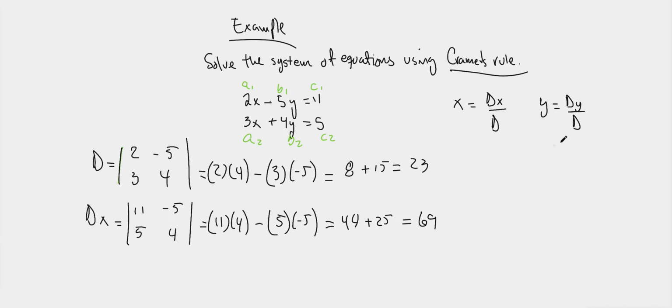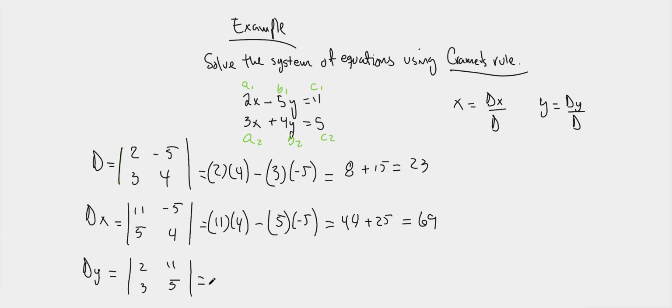There's one more thing that we need in order to find the value of y, and that is the determinant of y. How do we do that? I'm going to write a matrix here: 2, 11, 3, and 5.